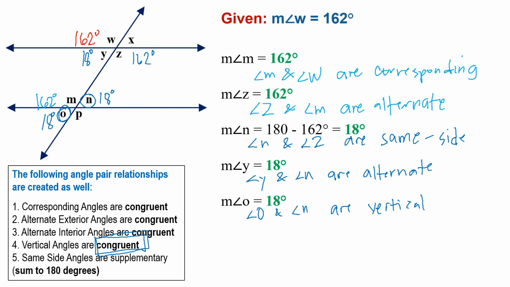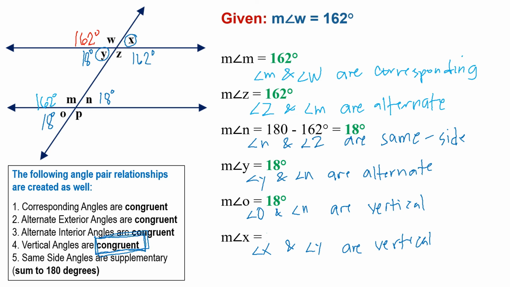Same with angle N. Next, what is the measurement of angle X? Where is angle X? Over here. We can pair it with Y, since X and Y are vertical. So angle X and angle Y are vertical, and we know that vertical angles are congruent.